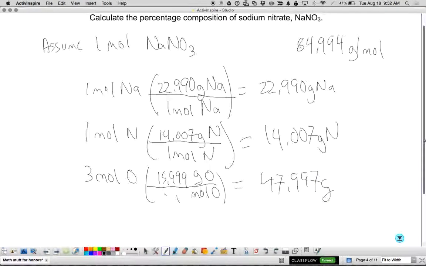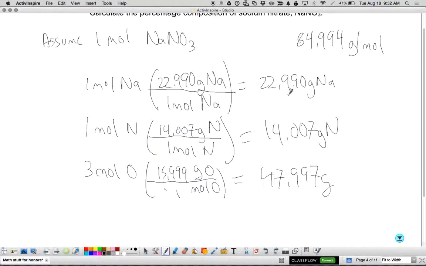Okay, and just as a quick check, you might want to make sure that these things add up to the molar mass, because we assumed 1 mole, which they all do.